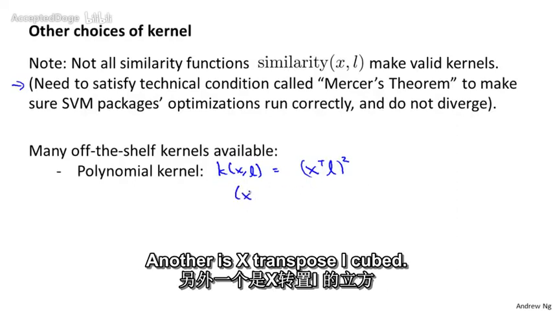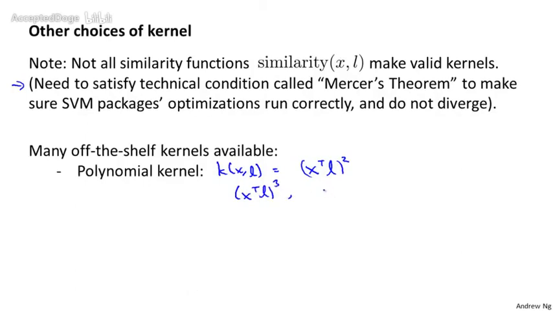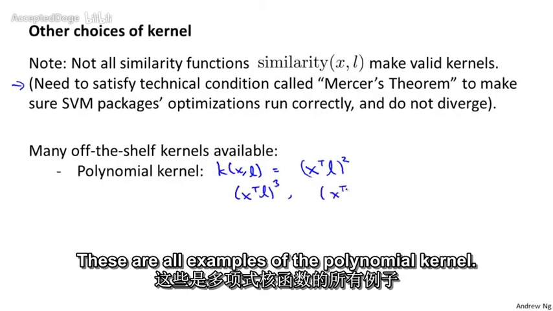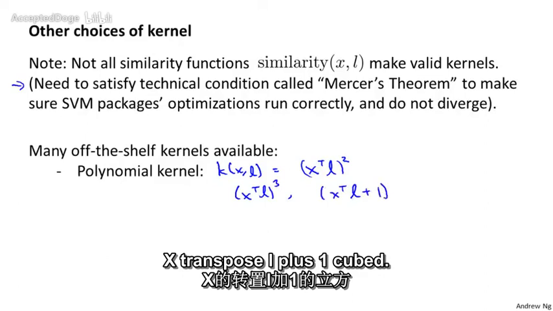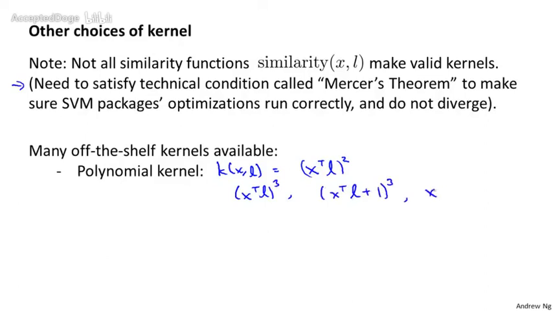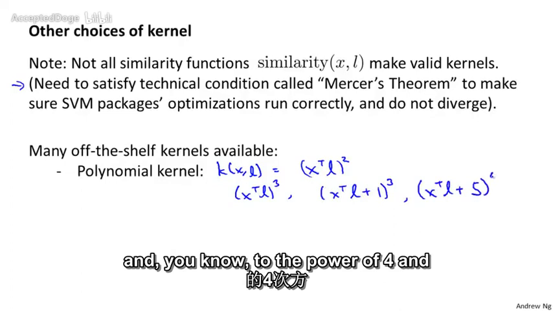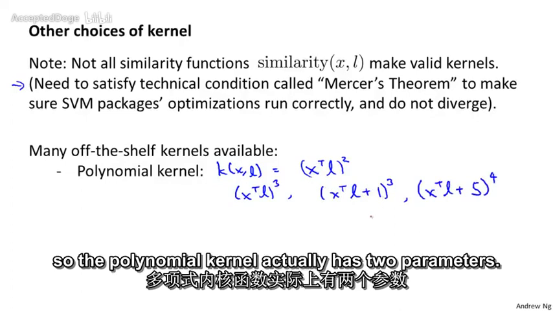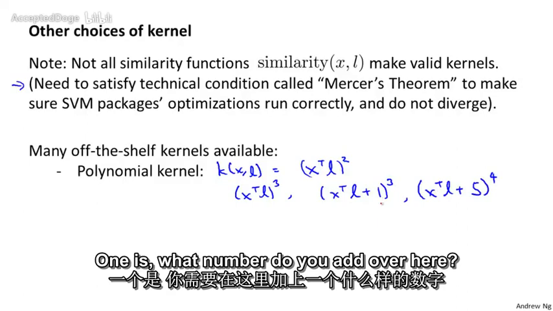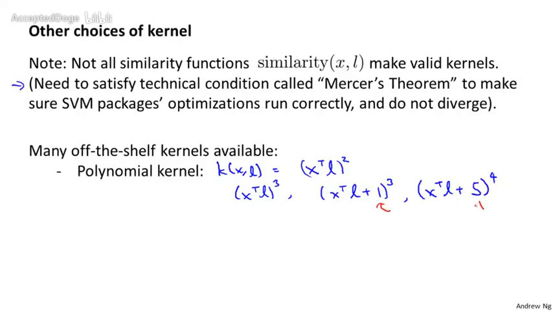Another is x transpose L cubed, or these are all examples of the polynomial kernel. x transpose L plus 1 cubed, x transpose L plus maybe a number different than 1, like 5, and then to the power of 4. And so the polynomial kernel actually has two parameters. One is what number do you add over here? It could be 0.